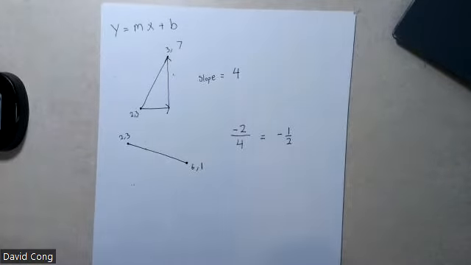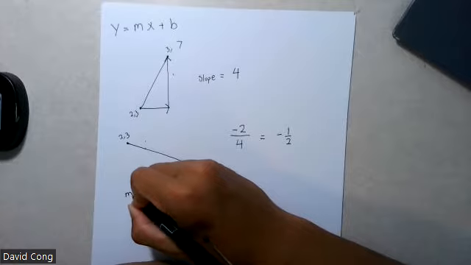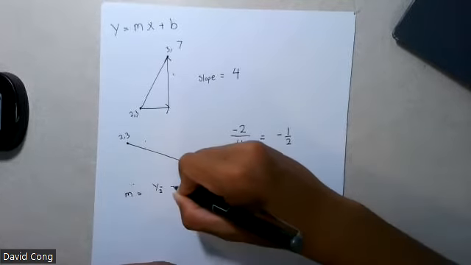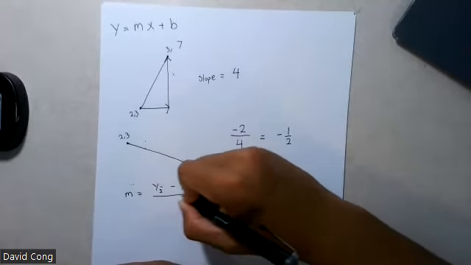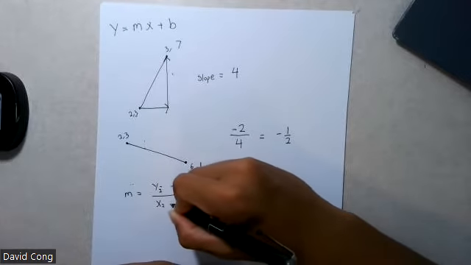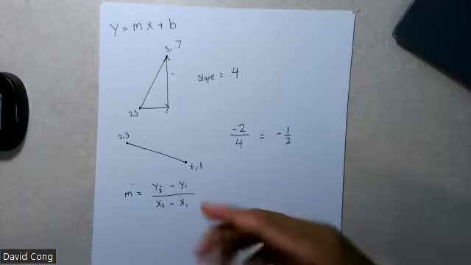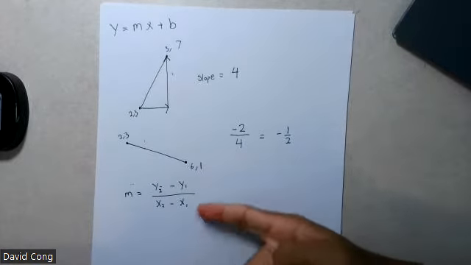And there's a general formula for this. So what this is saying is, this is just a very fancy way of saying how much the y moved divided by how much the x moved.